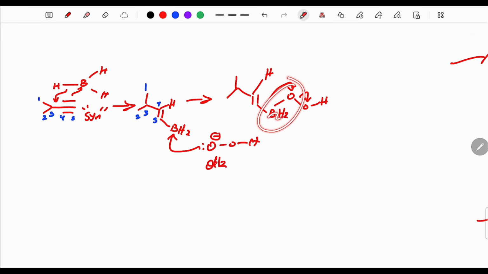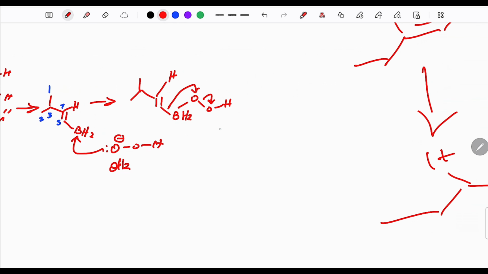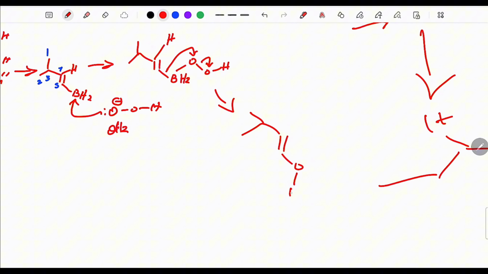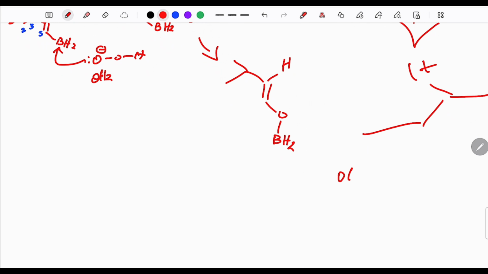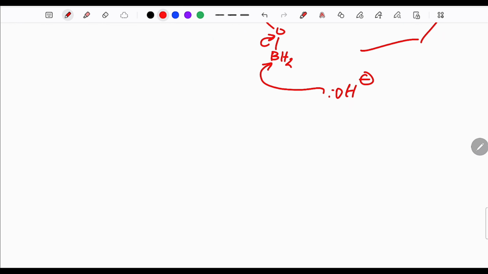Just like we showed before. This portion will leave, and this will now be attached to this bond, and the BH2 will be attached to the O. So let me redraw for you. See, it's bound to an oxygen and a BH2 and an OH minus. This is the part of that. This will come here. This will grab that.